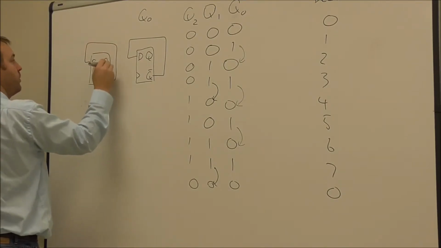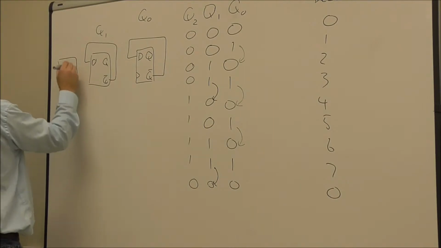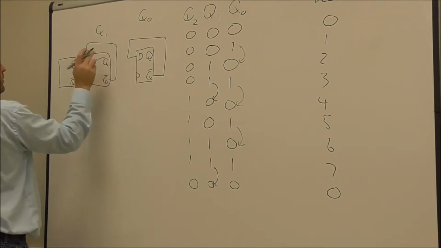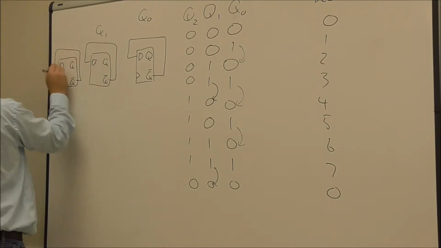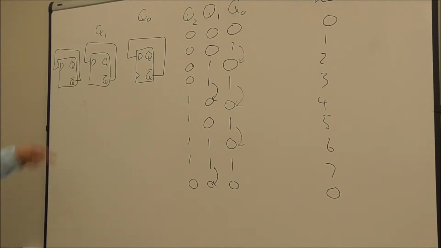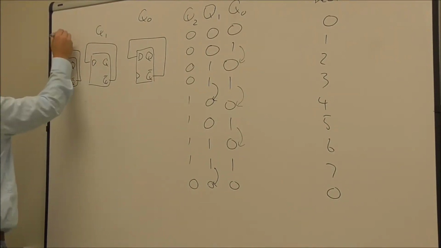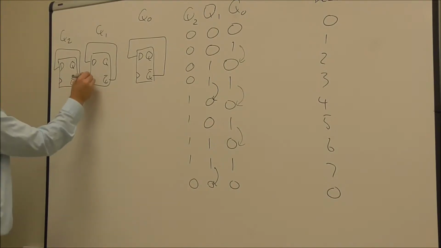So call it Q1. And I haven't bothered drawing the set and reset pins on these, just because it's going to be confusing otherwise. And this is Q2. My clock.